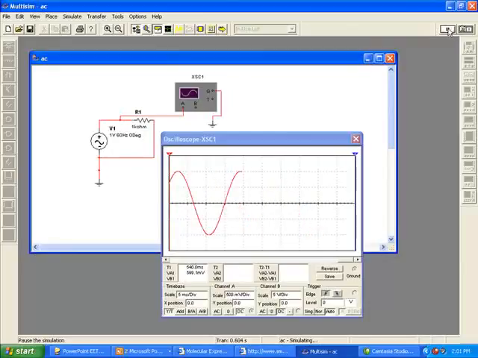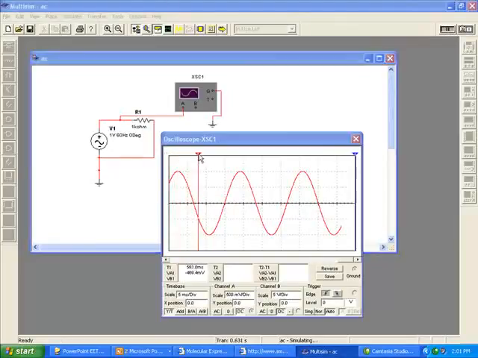Why don't we pause this and take a closer look. Let's go to this point right here, and then we'll move this point over to right here so that we're looking at one cycle. Down here we see the time between the 2 points, between 1 and 2. You'll notice it is 16.7. In fact, it probably should be 16.6 milliseconds, though we have a little trouble getting it to be exactly 16.6.